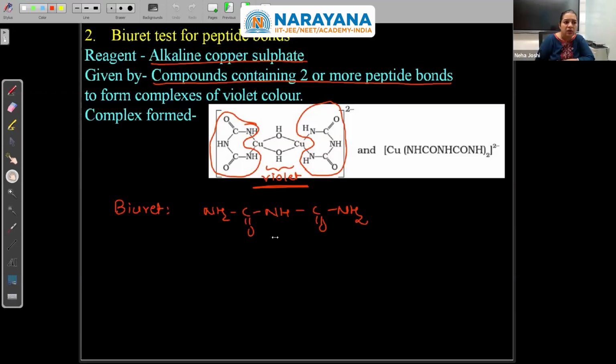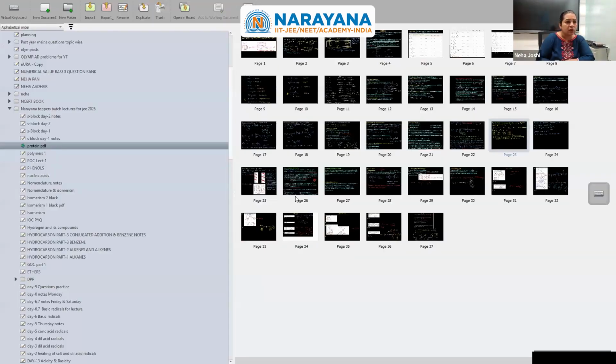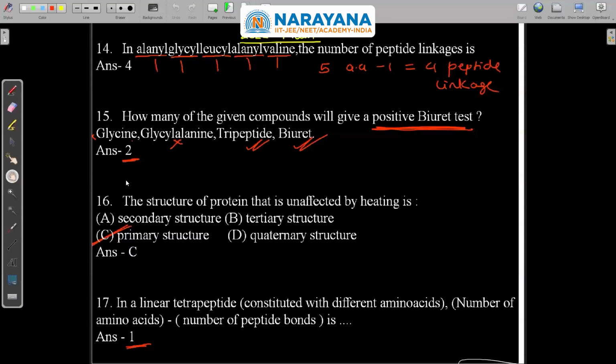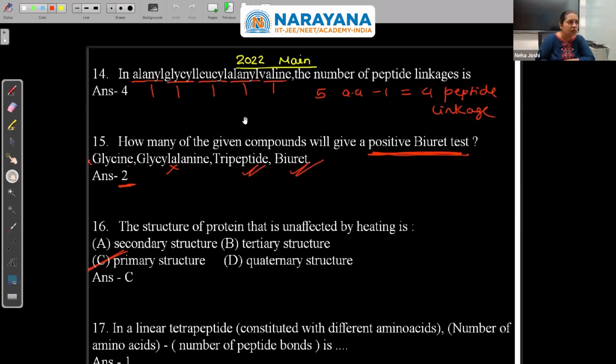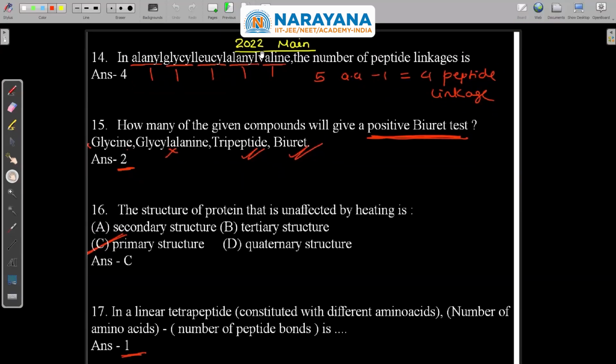Ekansh. Ma'am, in the questions which you were showing right now, the second question. Wait, let me go there. Here, Ekansh. Yes, ma'am. The 14th one. Yes, this one. I didn't get that. It is asking the number of peptide linkages.